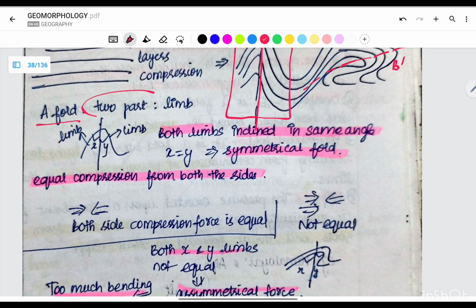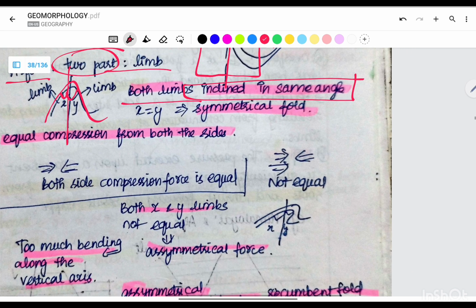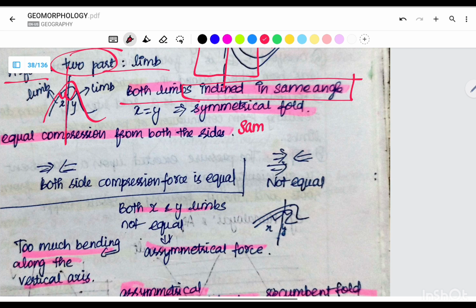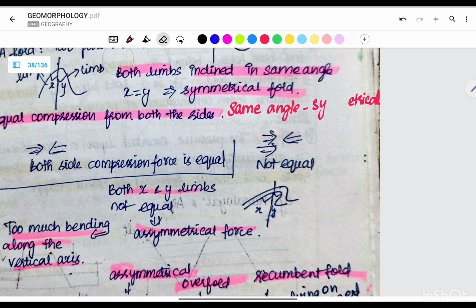Now a fold has two limbs. X and Y are the angles of the limbs. Both the limbs are inclined at the same angle. So when there is the same angle, it is what we call symmetrical.